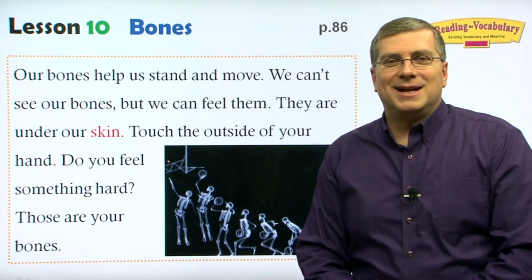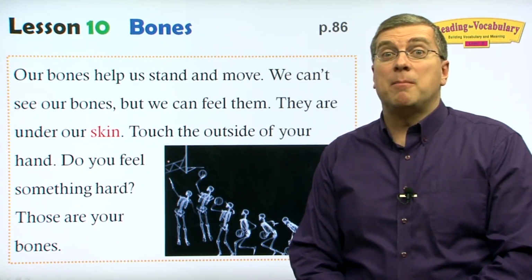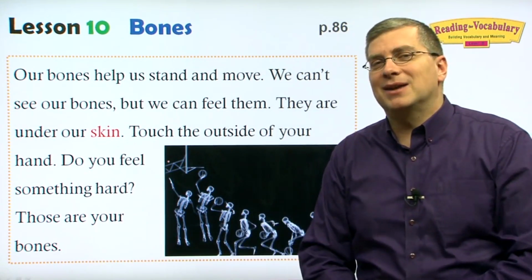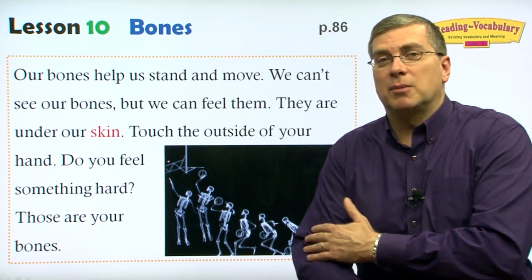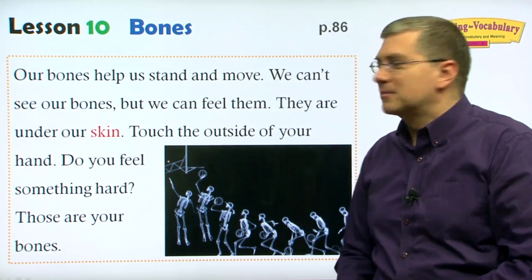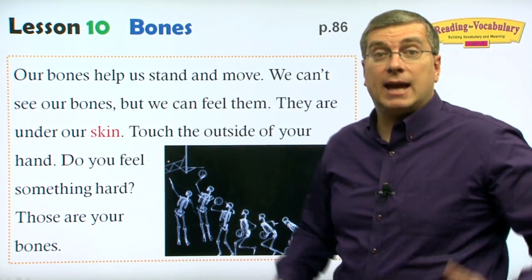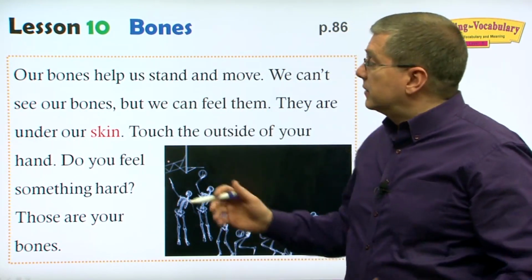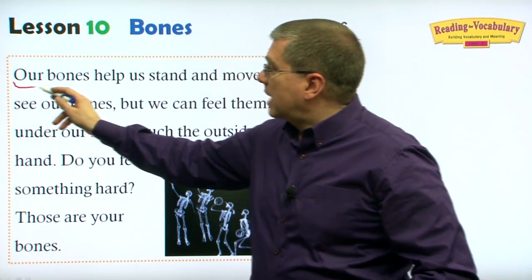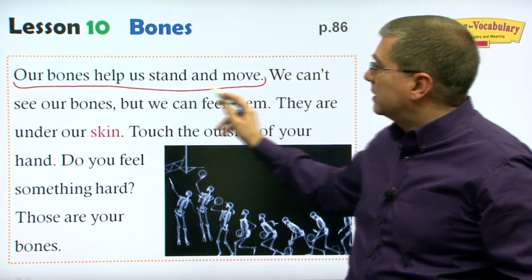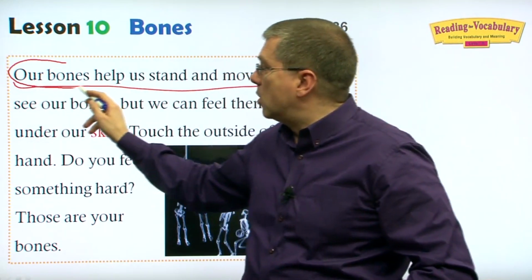Okay, welcome back, guys. Let's continue our lesson about bones. So we're going to read a passage about the bones in our body. You ready? Let's begin. The first one, our bones help us stand and move. So this sentence is kind of talking about our topic sentence. Our topic, of course, is bones.